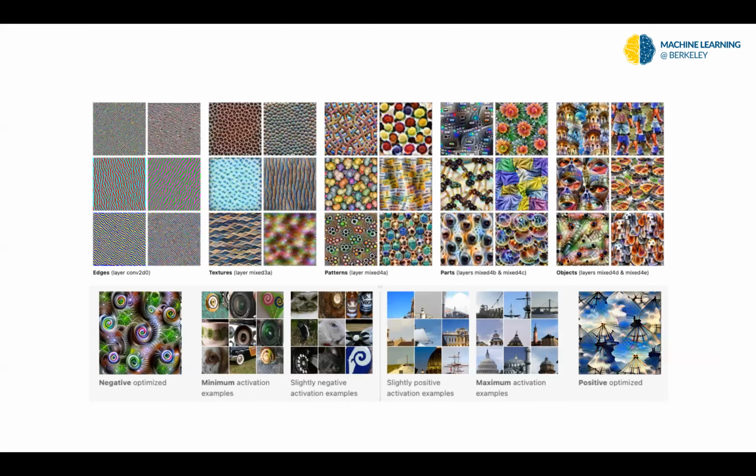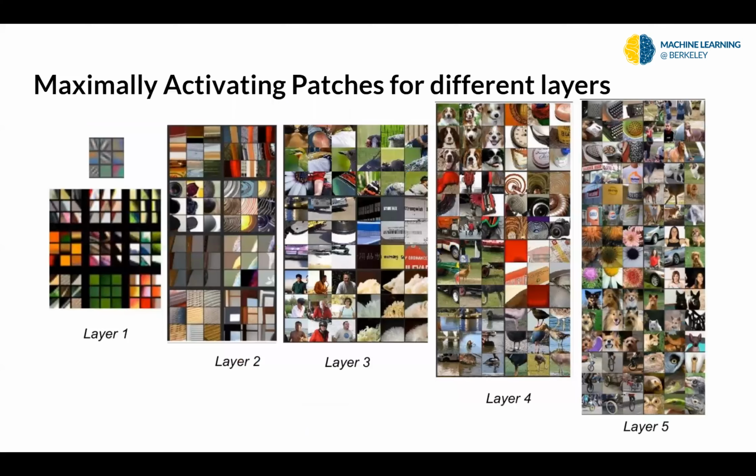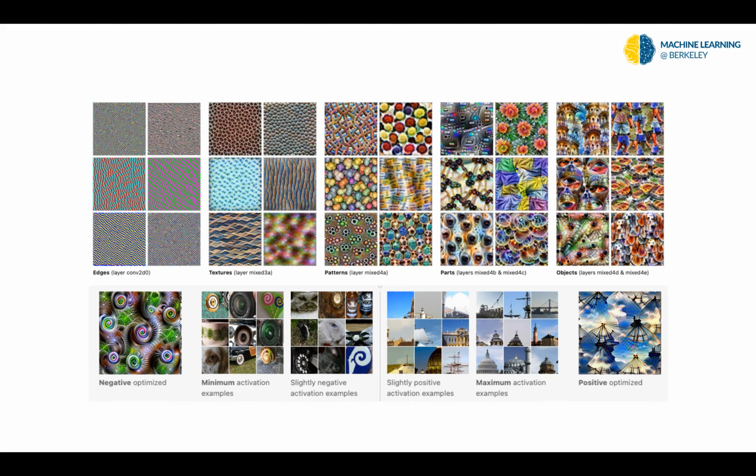So for example, here we have different layers, right? If you were to look at certain layers, you're able to tell what they're looking for.